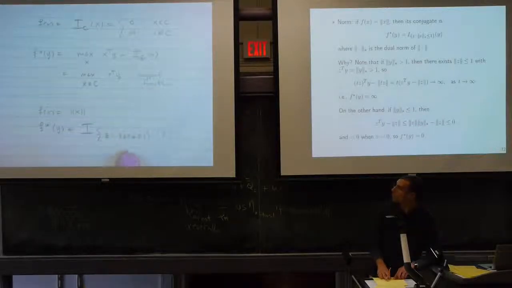So it's 0 when y has dual norm less than or equal to 1, and otherwise it's infinite. So the slide gives a proof of that, that's a direct proof.